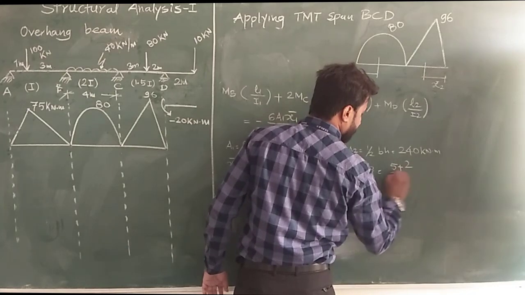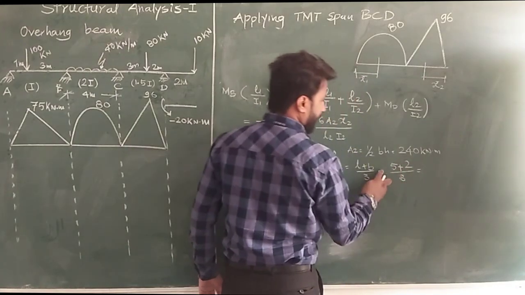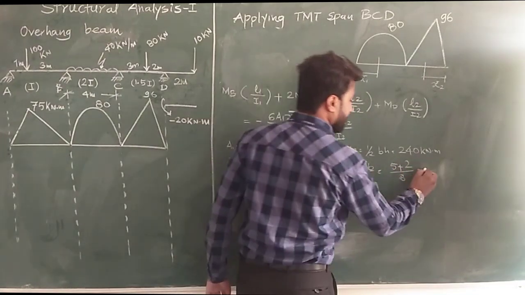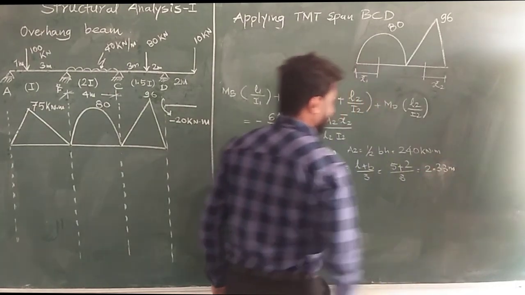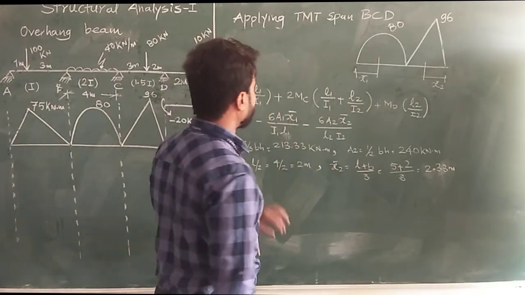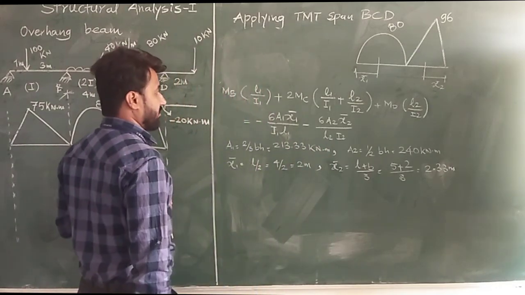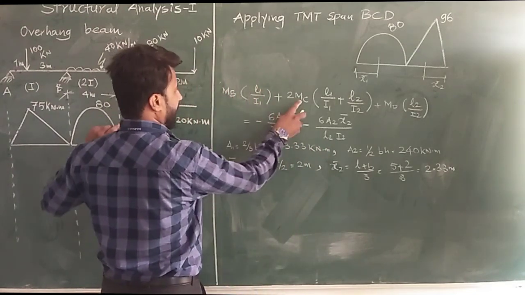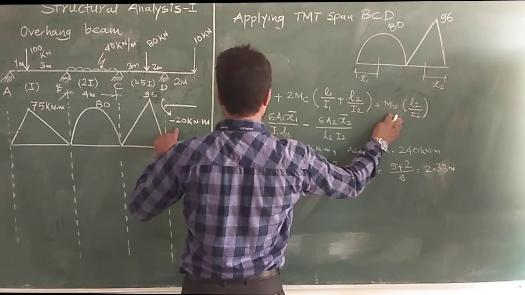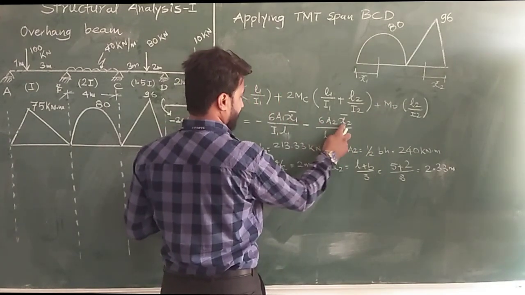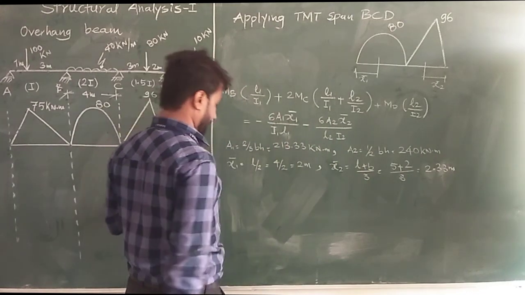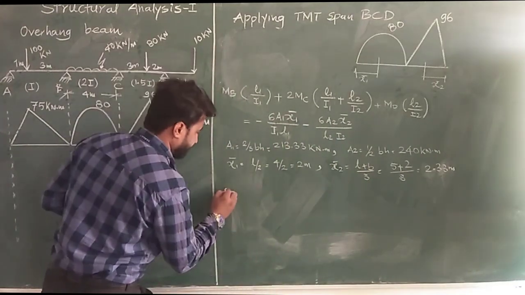So 5 plus 2 divided by 3, that is, the value is 2.33 meter. So when we put this value into this equation, we have to remember that MB is unknown, MC is unknown, and MD has the value minus 20 kN/meter. We will put all these values of A1 x1 bar, A2 x2 bar, and we will calculate the equation number 2.